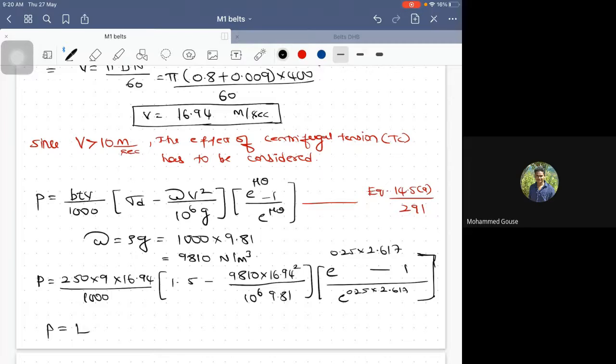43.209 kilowatts. Just check the value. Is the value correct?